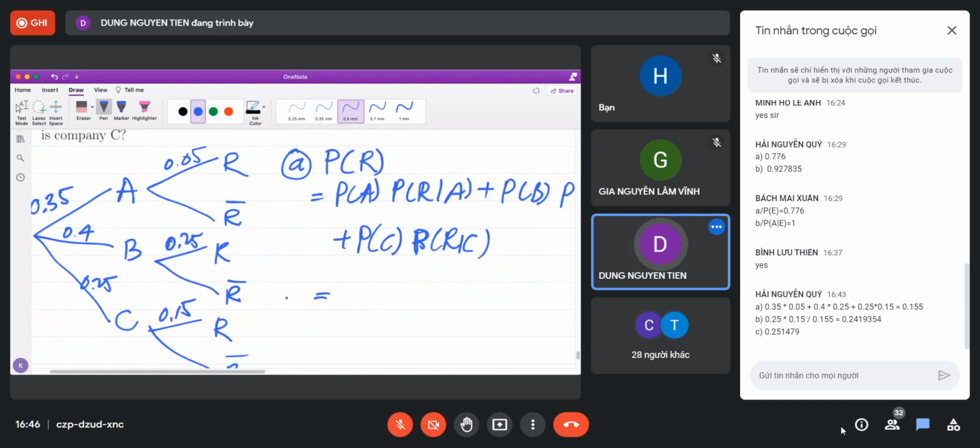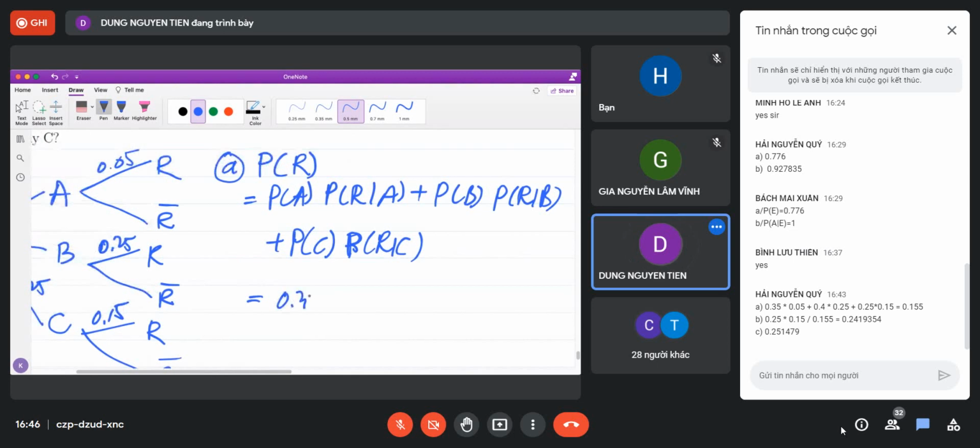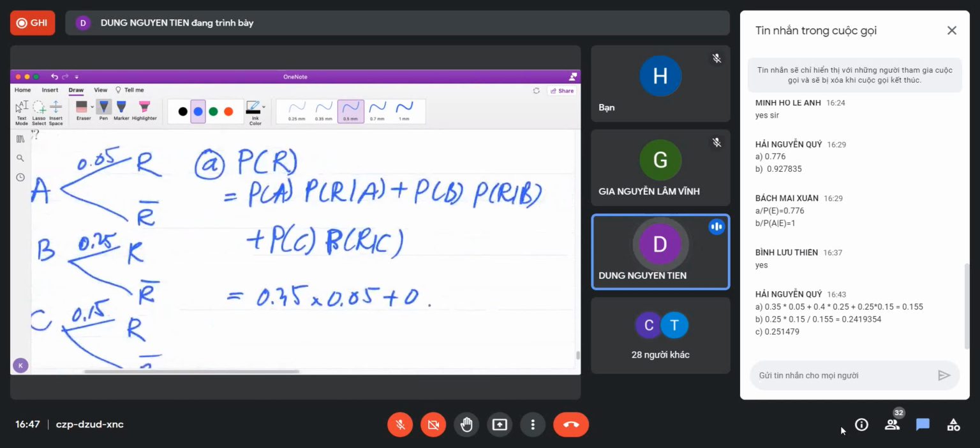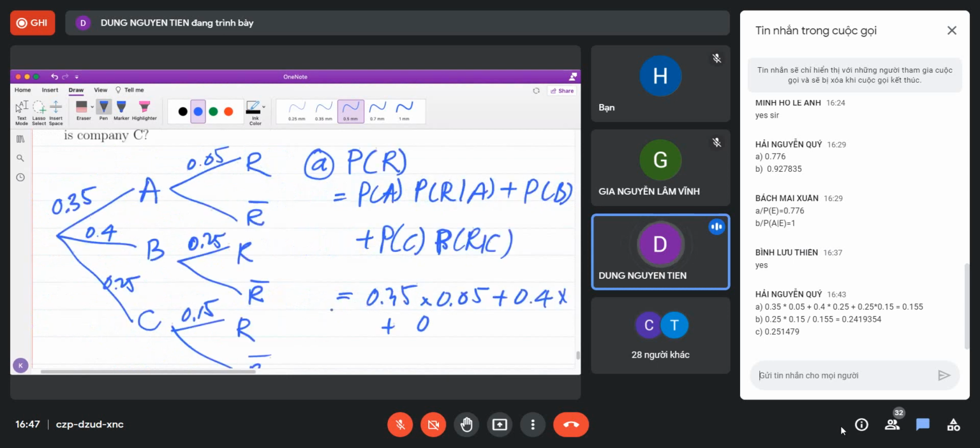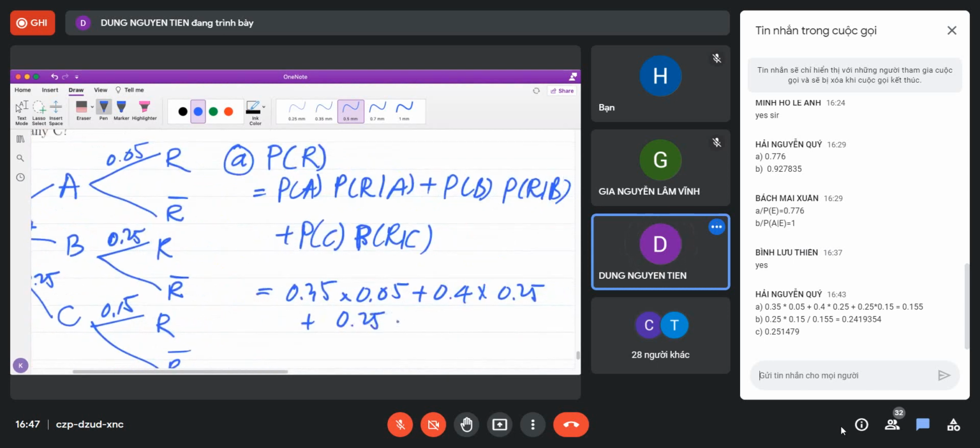And then you get 35% times 0.05 plus 0.4 times 0.25 plus 0.25 times 0.15. Do you understand? That's all right. Okay, that is question 1.